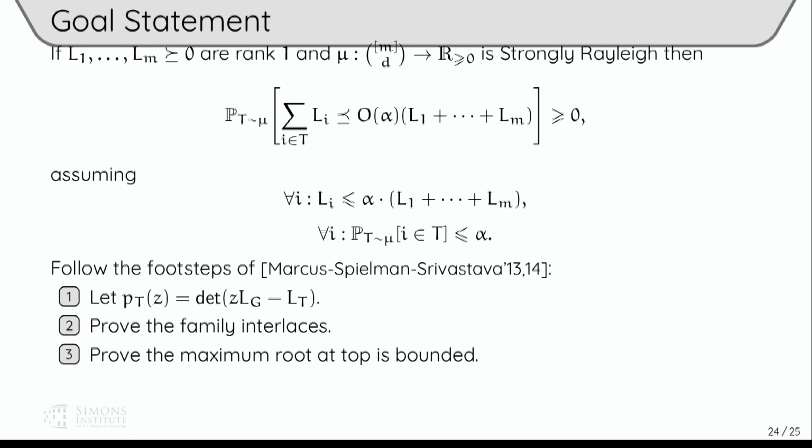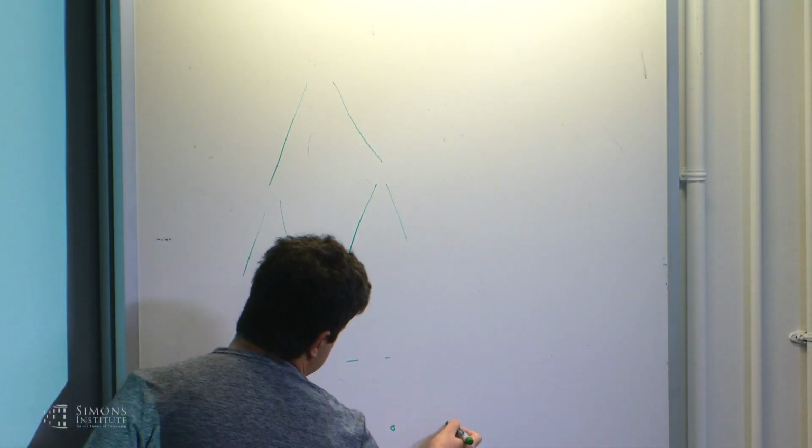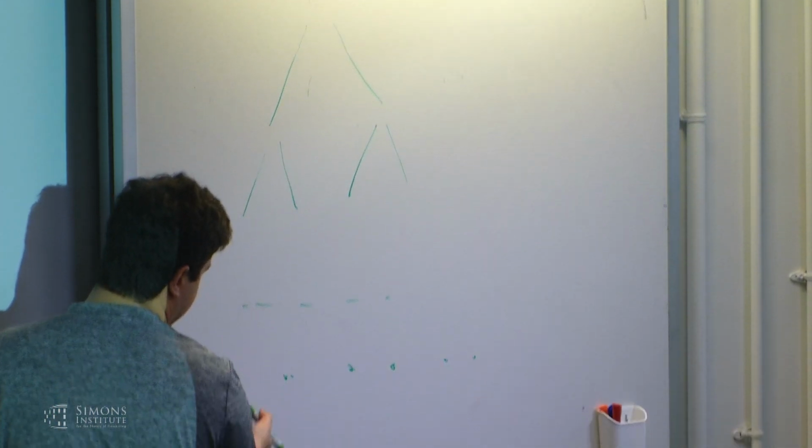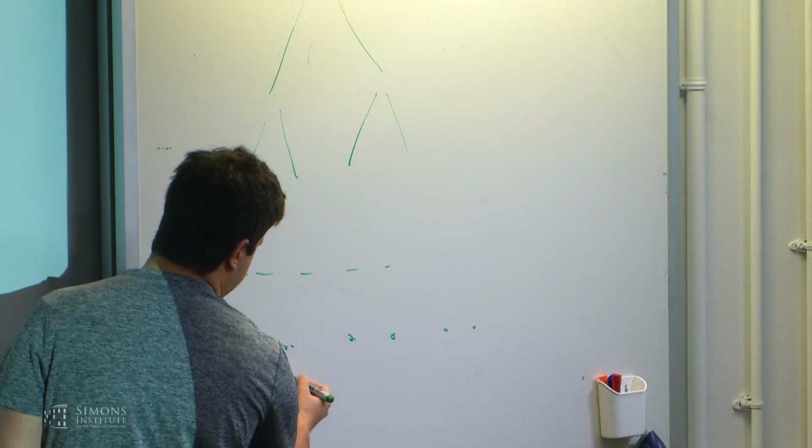So if you remember, we had this tree in the beginning, whose leaves were specific polynomials. These polynomials are associated to spanning trees in our distribution. So there is P of T1, P of T2.